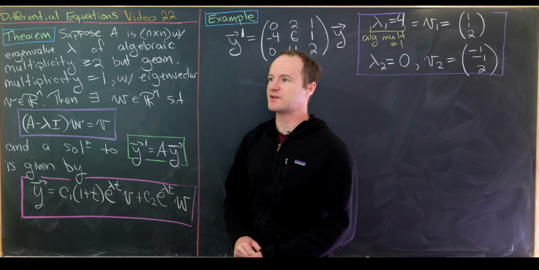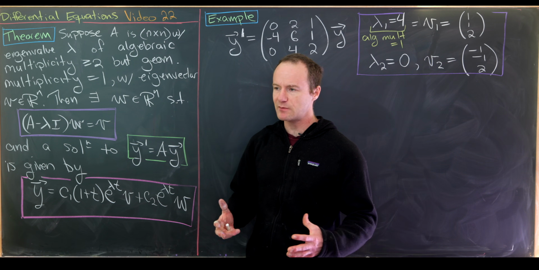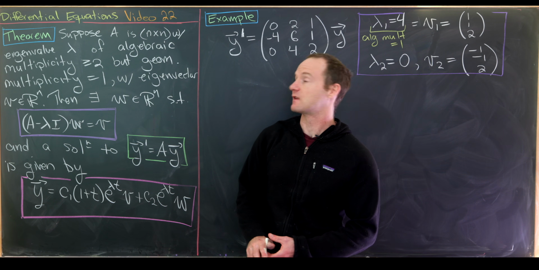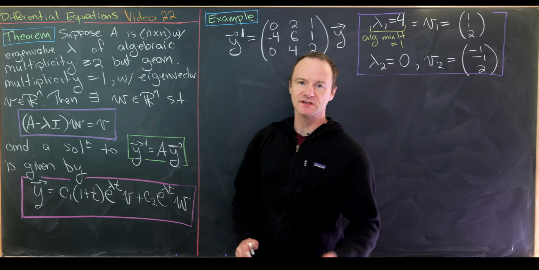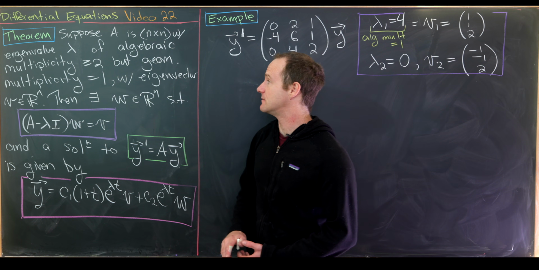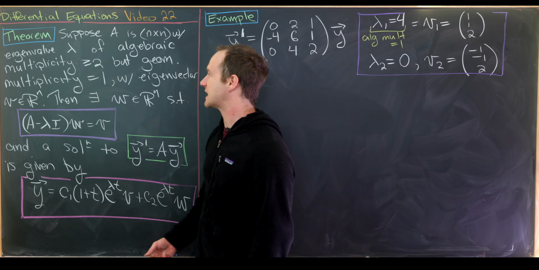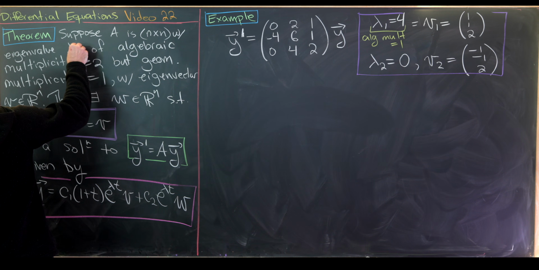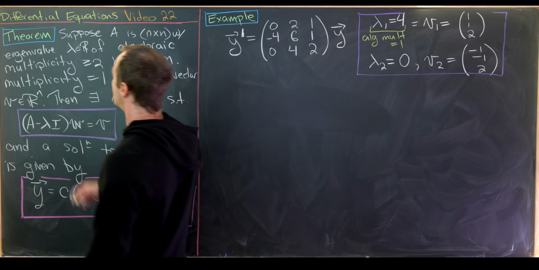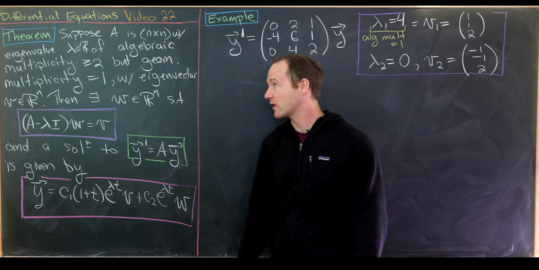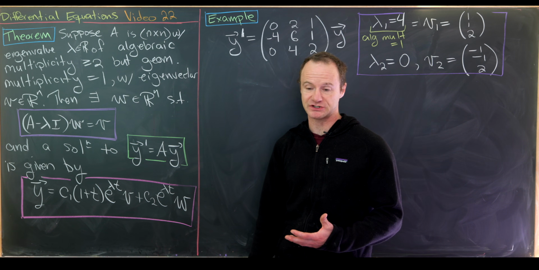So here's the big theorem that ties together some of the things that we observed in the last example. Let's suppose that A is an n by n matrix. Let's also suppose that it has an eigenvalue lambda, which is a real number, and it has an algebraic multiplicity bigger than or equal to 2.